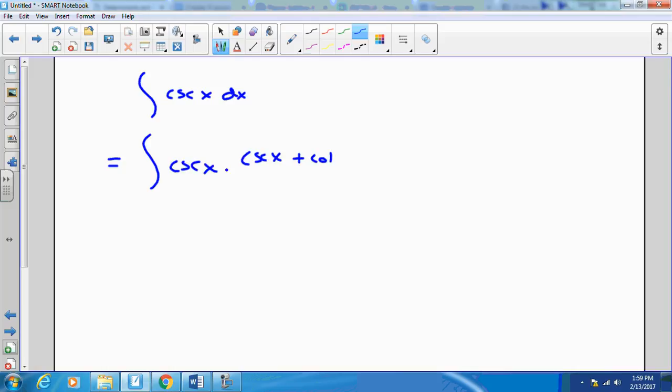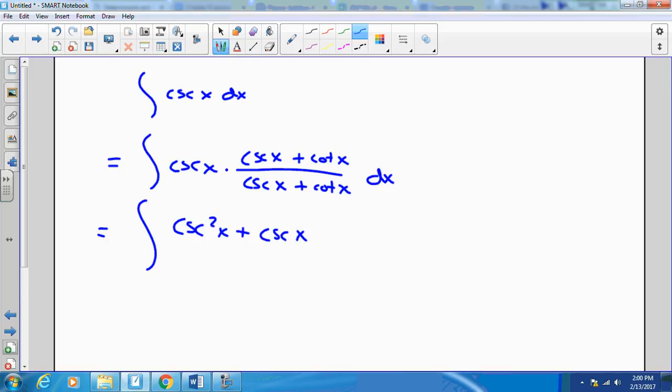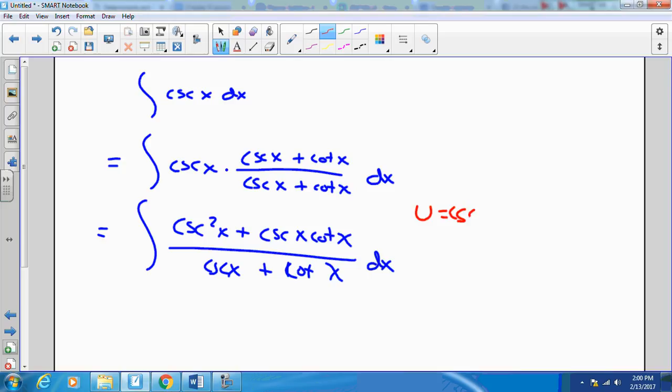Let's try it and see. When I simplify in the numerator, what do I get? And now we consider maybe u equals the denominator, might make sense.